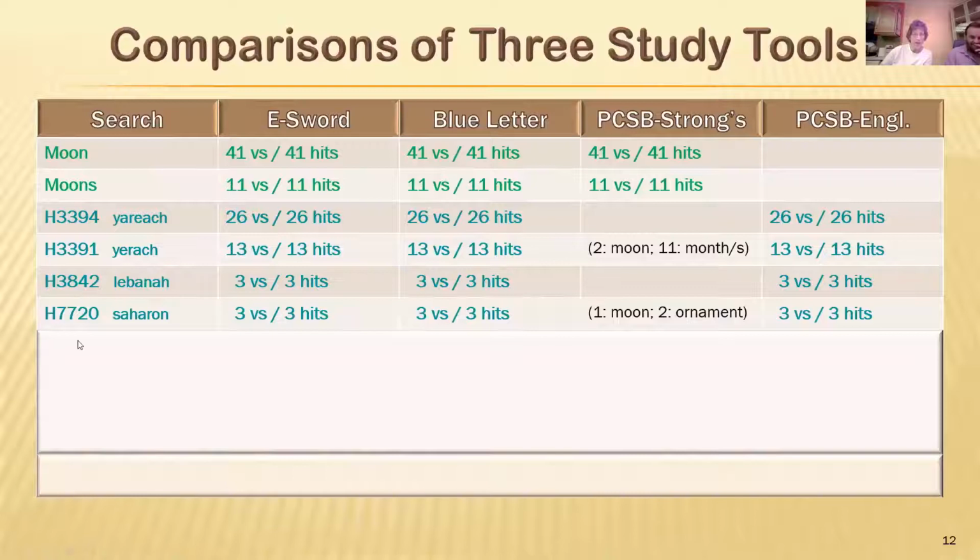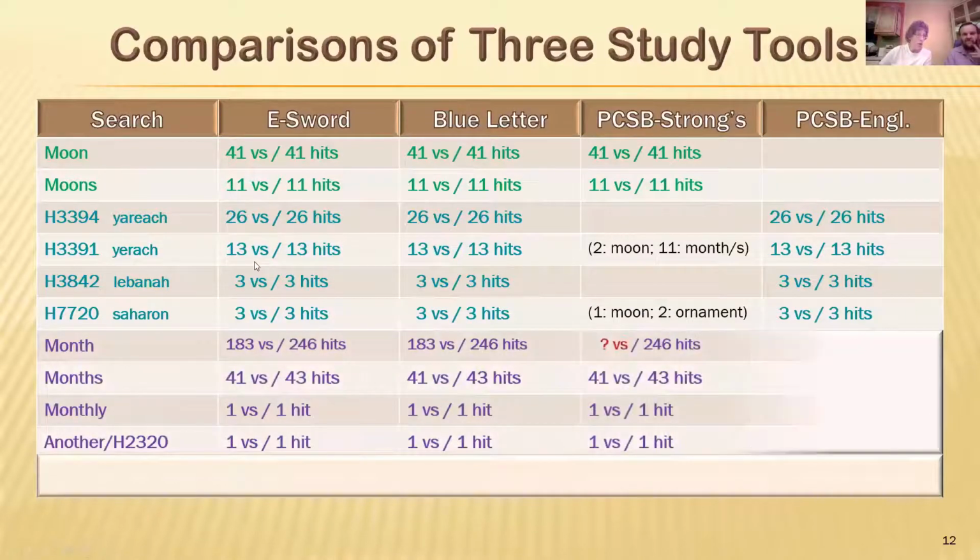Actually, the Englishman's study tool is the same. For Yorak, we have 13 verses and 13 hits. Everything's the same. Strong's in my study Bible isn't going to show it. It shows as 2 moons and 11 months. We're going to come up to that. But in the Englishman's, it has the same. So there's no discrepancies here. I hope everyone can see that everything looks pretty good, right? Pretty nice and clean. Okay, let's go on to the words now.